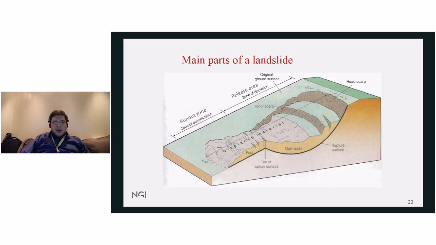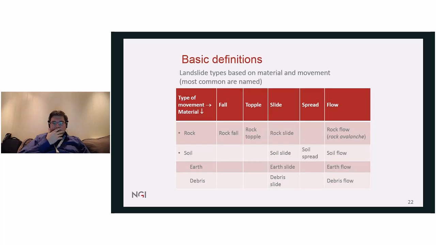Why is it important to keep in mind these different types of landslides? The most important reason is not really a scientific one, but a practical one, because each type of landslide will have a different physical behavior, and this physical behavior leads to the fact that we have to analyze these different types of landslides with different approaches for analysis, and most important of all, the type of mitigation measures that each type of landslide requires also varies.